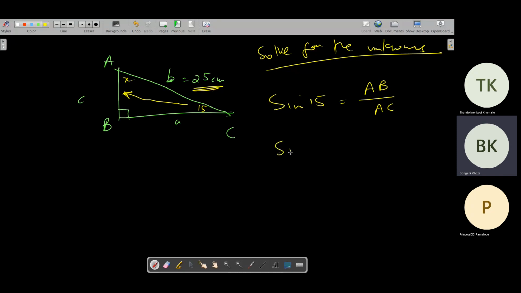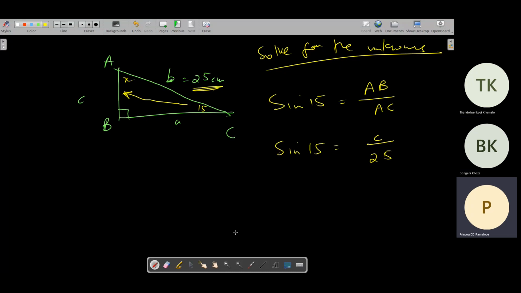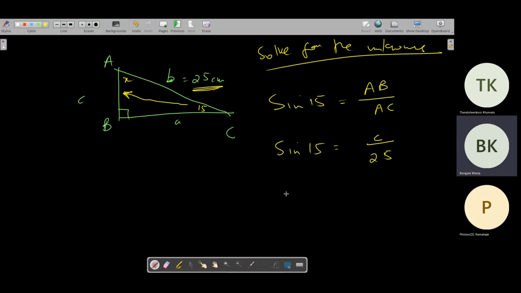Let's just substitute what we know. So sine 15 is equal to small c over what's AC? 25, like that. Right. So what is sine 15? You'll punch that into your calculator.